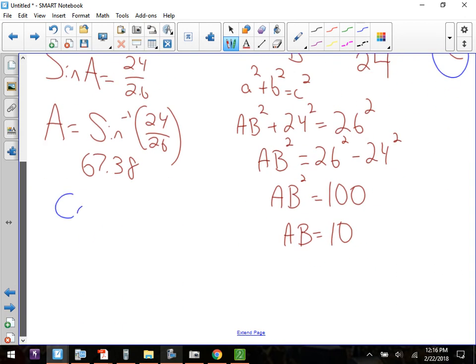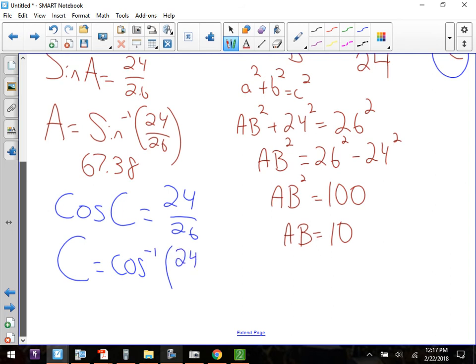So the cosine of angle C is 24 over 26. The adjacent is the 24, if I'm at C. Whenever you're using sine or cosine, the hypotenuse will always be bigger than the other two sides. And in this one, I'm getting 22.62. Yeah. You okay with that?